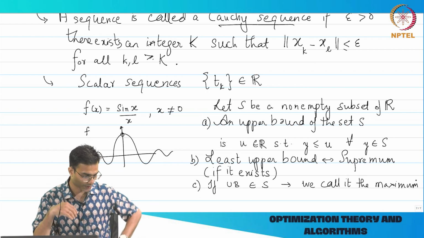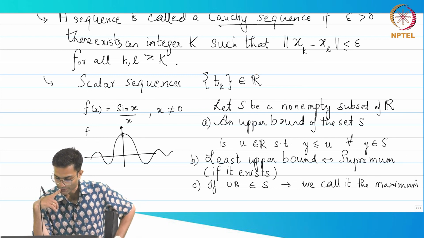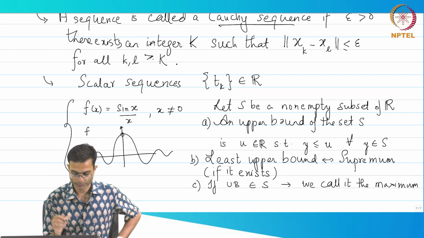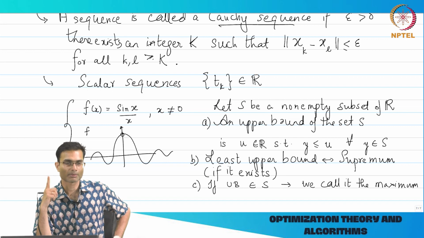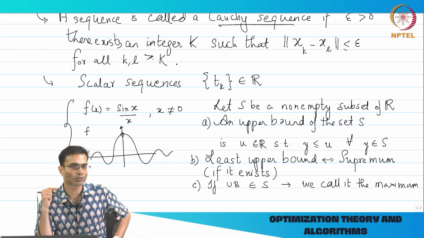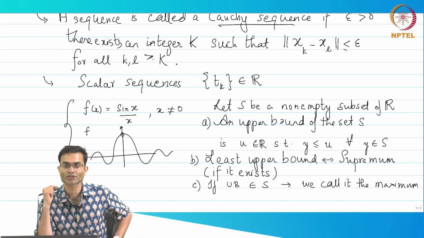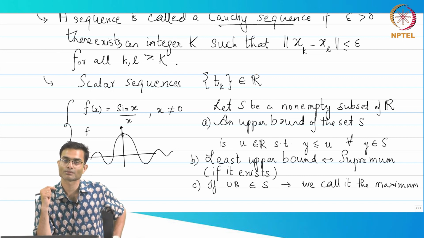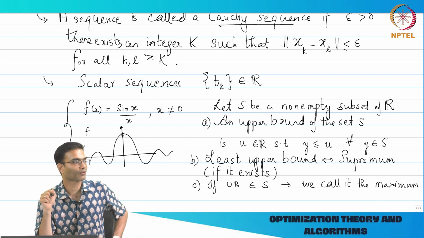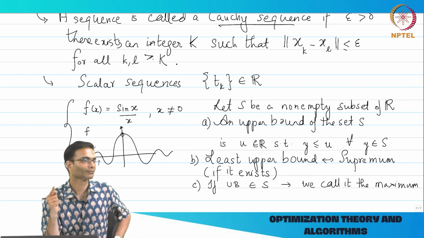So if I ask you, for example, what is the supremum of this example that I took? Supremum is 1 because it is the least upper bound, right? I cannot go lower than that. If I ask you what is the maximum of this set S, it is not 1 because there is no x for which f takes the value 1, right?